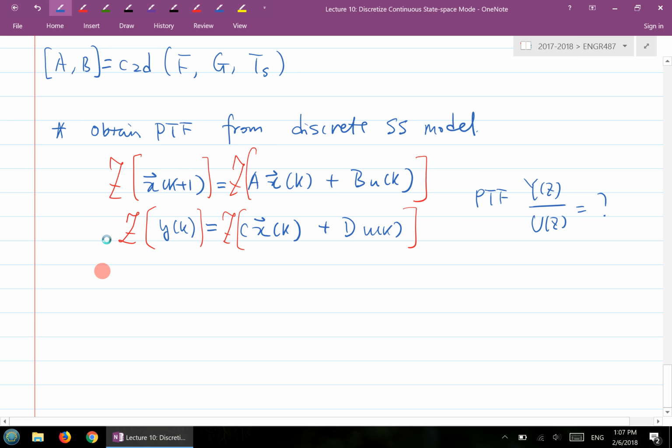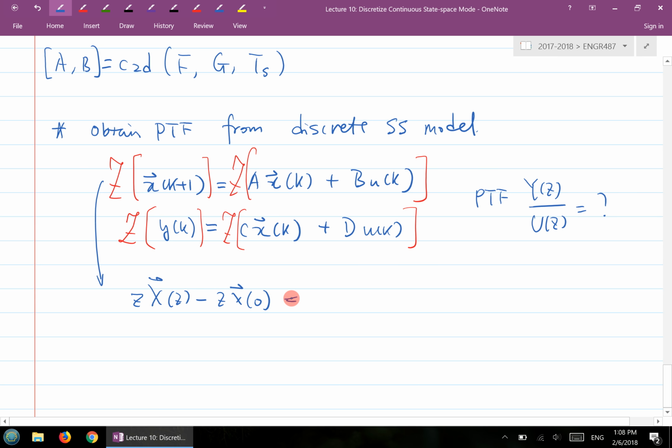Okay. So from here, this is x(k+1). And if you look at the table here, you have a property for a discrete function k+1: you get z X(z), and then minus z times the initial condition.